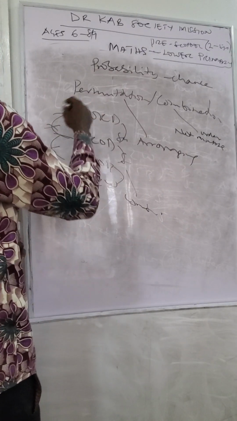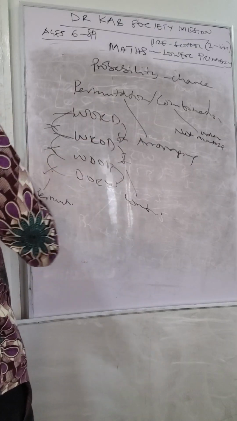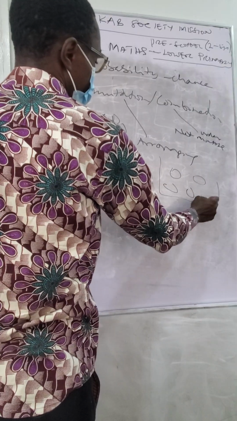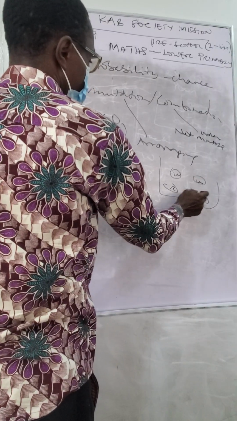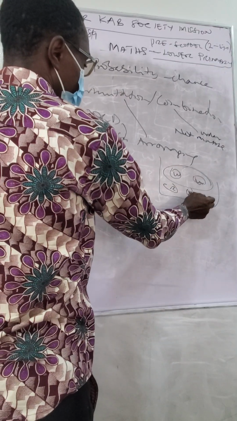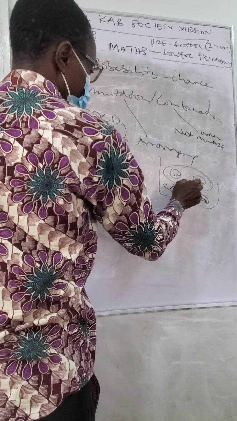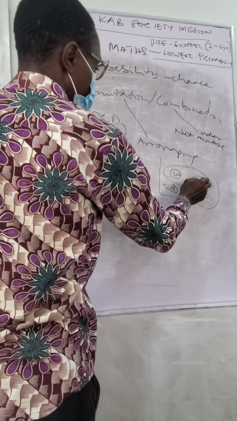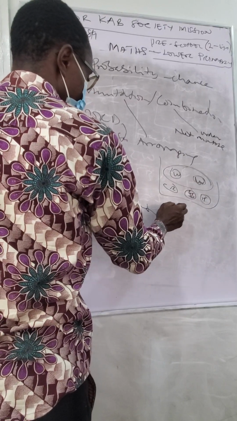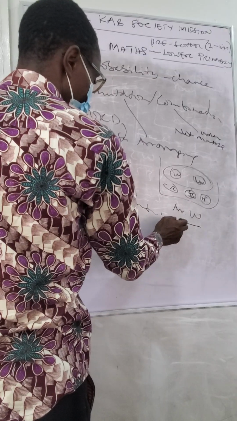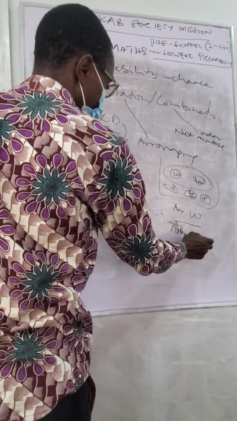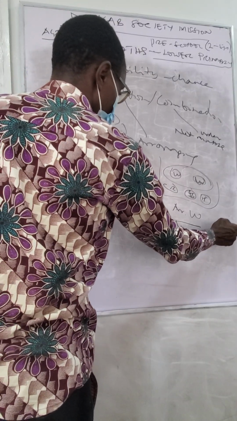Sometimes it is the number of ways we can arrange over the total number of ways of arranging everything. So let's say I have elements here. The number of ways of arranging, let's say white, over the total number of ways of arranging all, red and white, will be equal to probability.